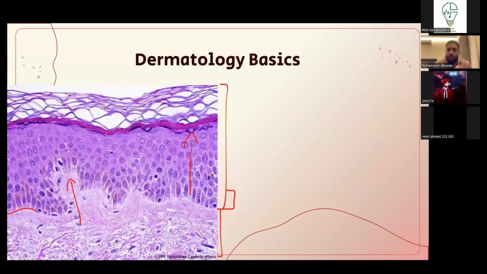Concept number two is you have certain other cells that are located in the stratum basale, which are these pigmented cells. What are these cells? Melanocytes. Good. Melanocytes contain pigment, which is melanin, which is responsible for darker skin, okay?